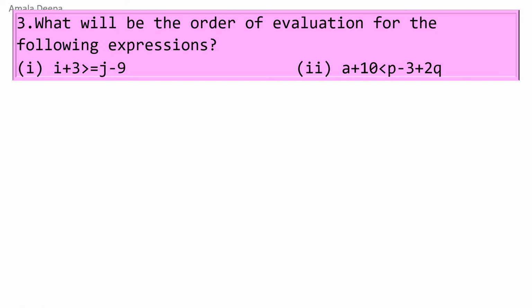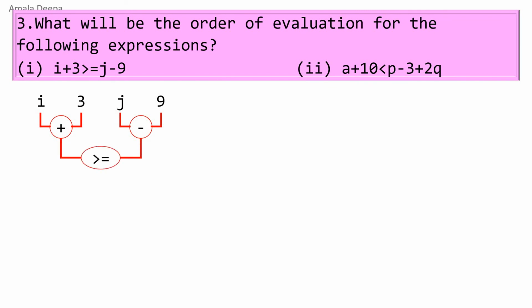So I write down i, 3, j, 9. Since we have to first evaluate the arithmetic expressions i plus 3 and j minus 9, I show that by joining i and 3 with the addition operator plus, and then j and 9 with the subtraction operator minus, and then join these two arithmetic expressions with the relational operator greater than or equal to, and finally I show the result by drawing a small line at the end. So this is how you present the order of evaluation for a given expression.